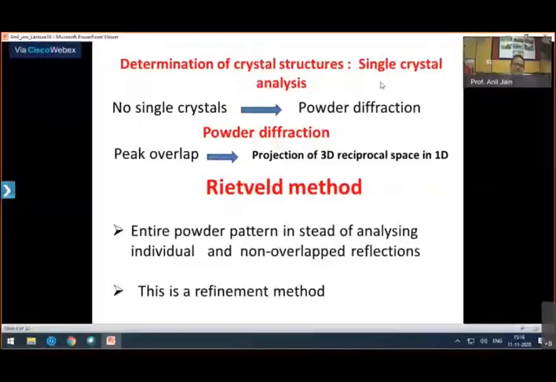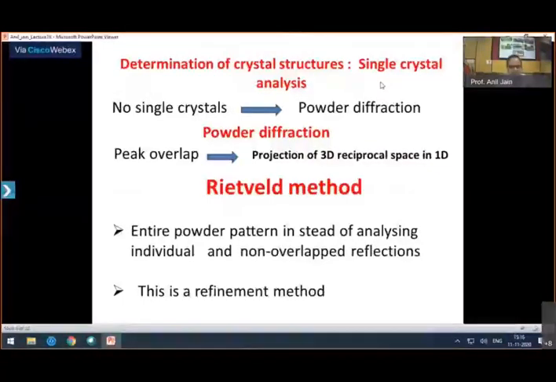After development of this technique, for nearly 50 years it was just used for qualitative phase analysis and to get the information about textures, meaning preferred orientation. The major problem in getting information from powder diffraction is this: with single crystal data, you have 3-dimensional reciprocal space.